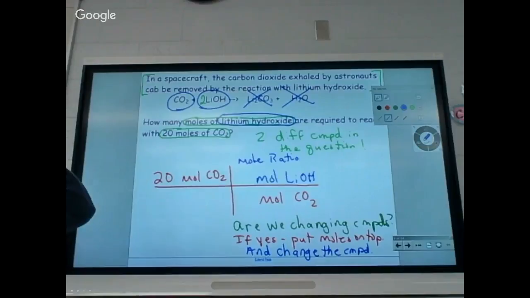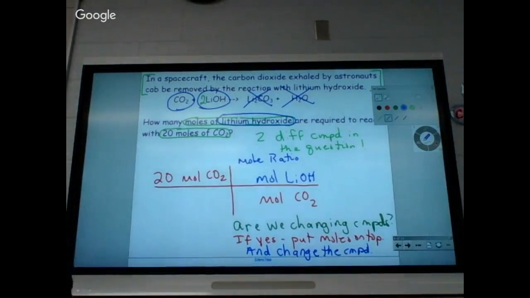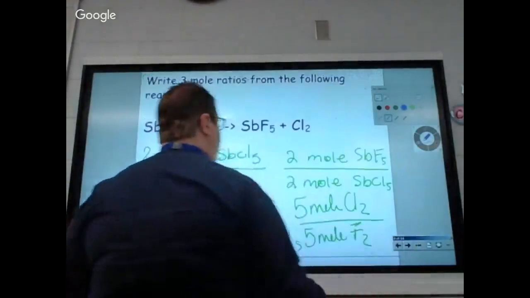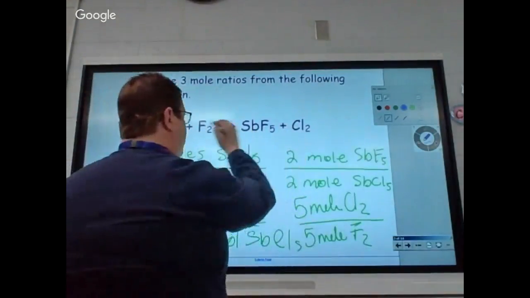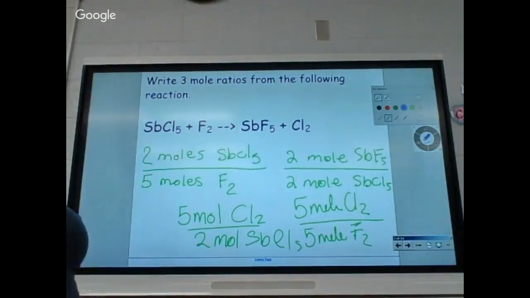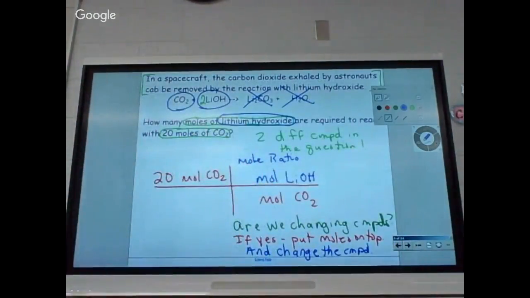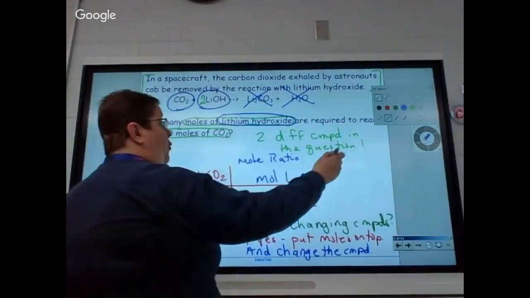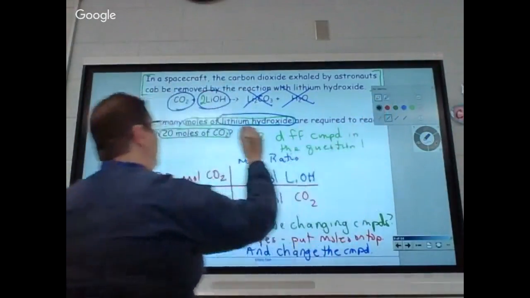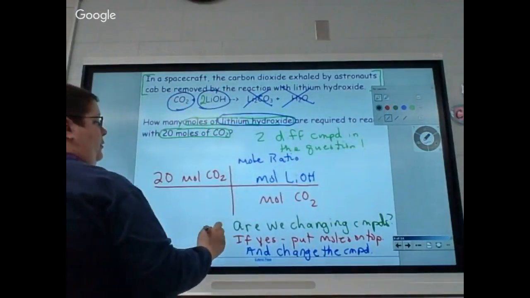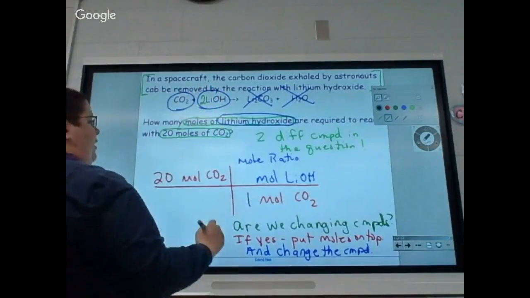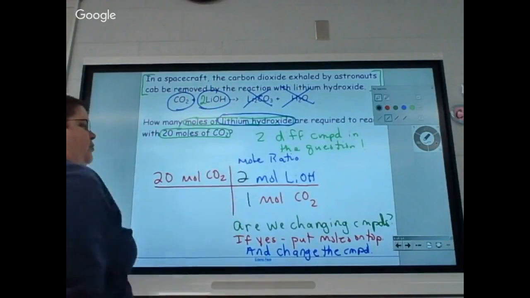Now, if this is a mole ratio, where did we get all the numbers that we just practiced? Right here. Where'd all those numbers come from? Where do you suppose these numbers are coming from? That's right. So, what number is in front of CO2? What number is in front of lithium hydroxide? That's where they come from.